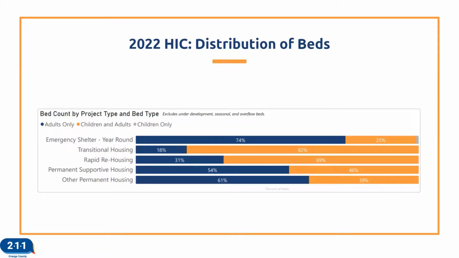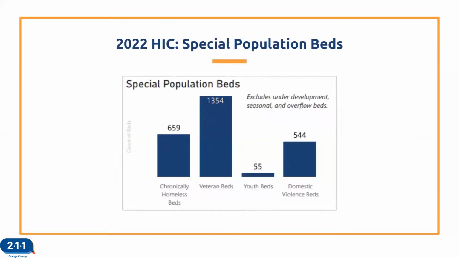So you can see most beds in emergency shelter projects are for adult-only households, while in transitional and rapid rehousing projects, the majority of those beds are for families. And then permanent supportive housing and other permanent housing, it's a little closer to center. It's a little more equally distributed by household type. Next slide.